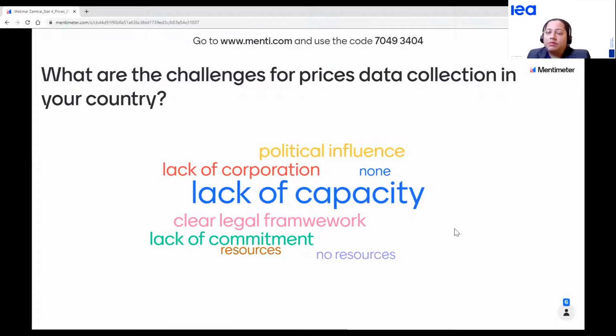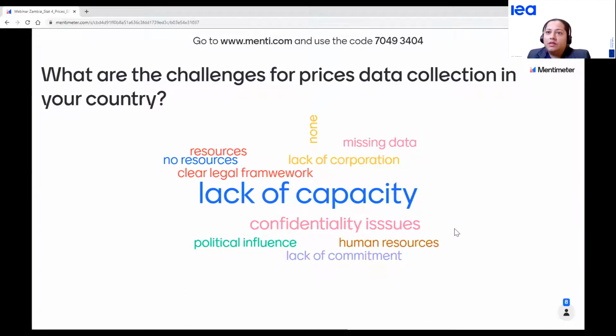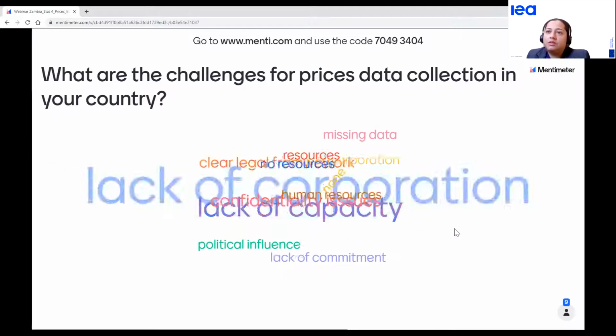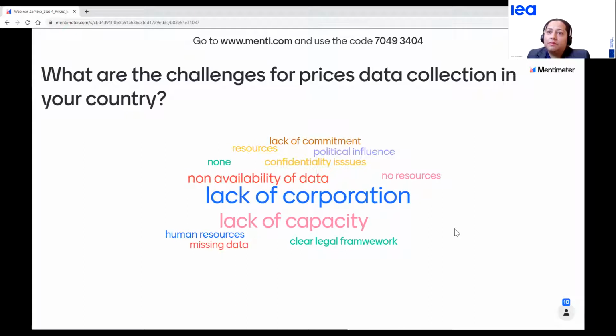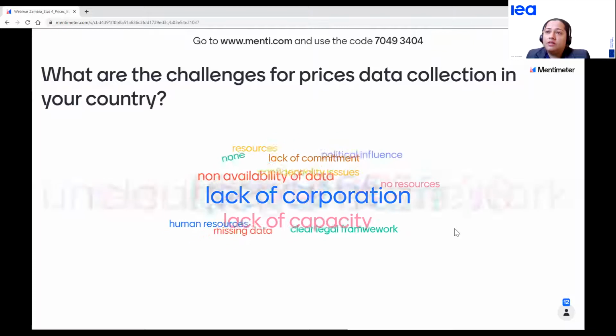Clear legal framework. Indeed, if there's no legal framework that allows to collect that price information, it doesn't help. Human resources, yes, sometimes lack of staff, missing data, political influence, confidentiality issues.